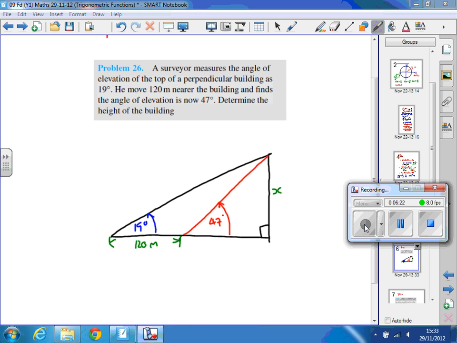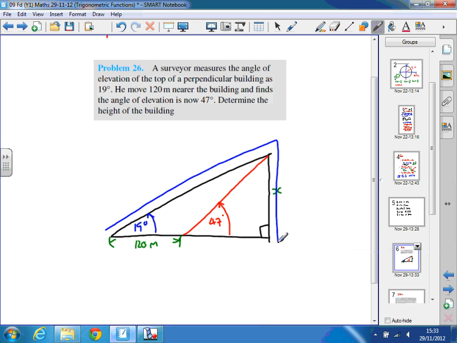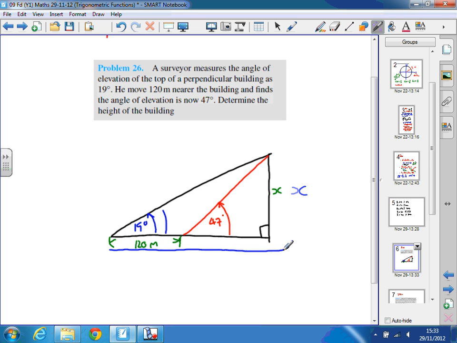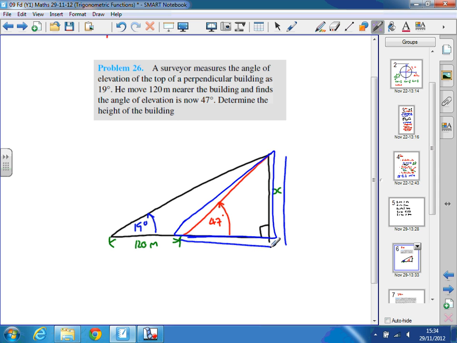What we can do is set up one equation for this triangle involving what we want to find, which is the x, and the angle, and this bottom base here, because we know something about that. And then we can set up another equation for this triangle here, involving the angle, x, which is the same, and this distance, which we know a little bit about.